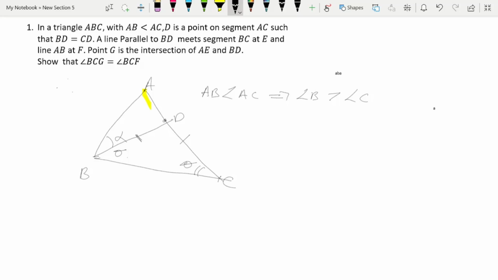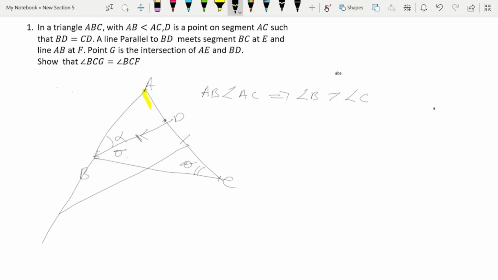Then they said a line parallel to BD meets segment BC at E and line AB at F. Since they said line AB, it means the extension of AB, so there's a parallel line, something like this.